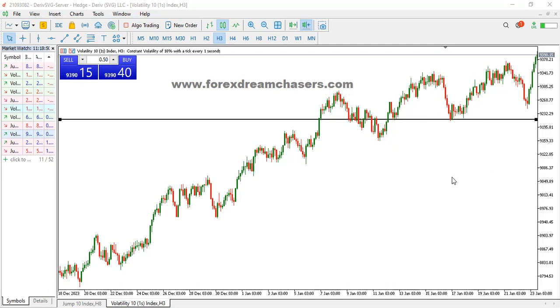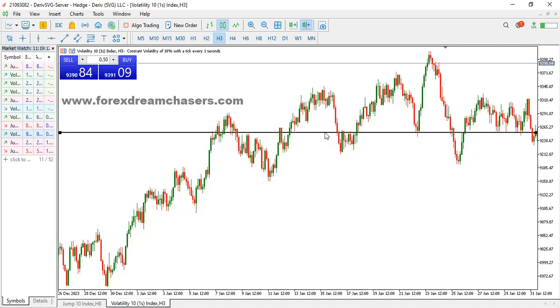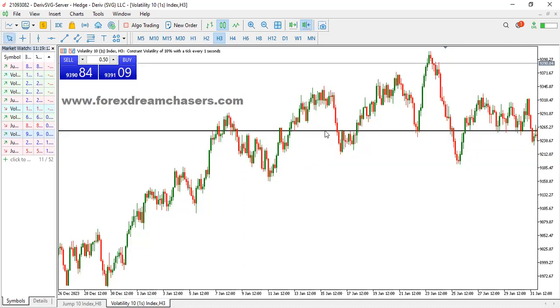Now, let's move a little bit to our right. I want you to observe. Now, you check your left-hand side again. I'll use my horizontal line and push it a little bit up to this level. Why did I place it here?